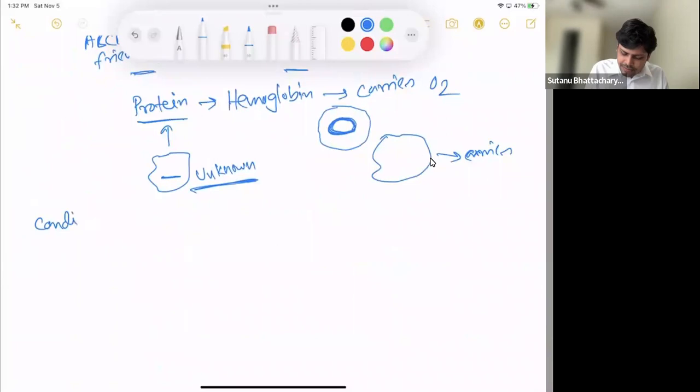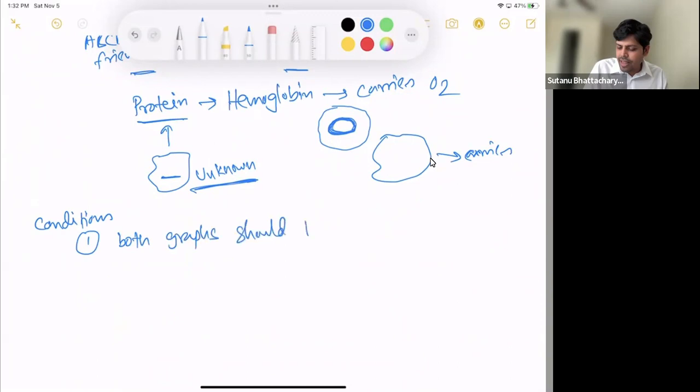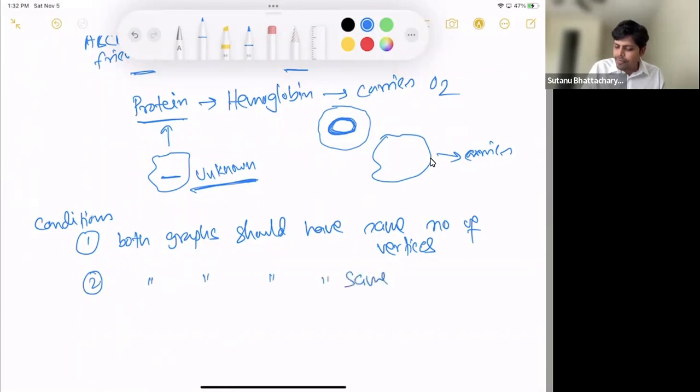So, conditions. One condition would be both graphs should have the same number of vertices, which makes sense. Both graphs should have the same number of edges.